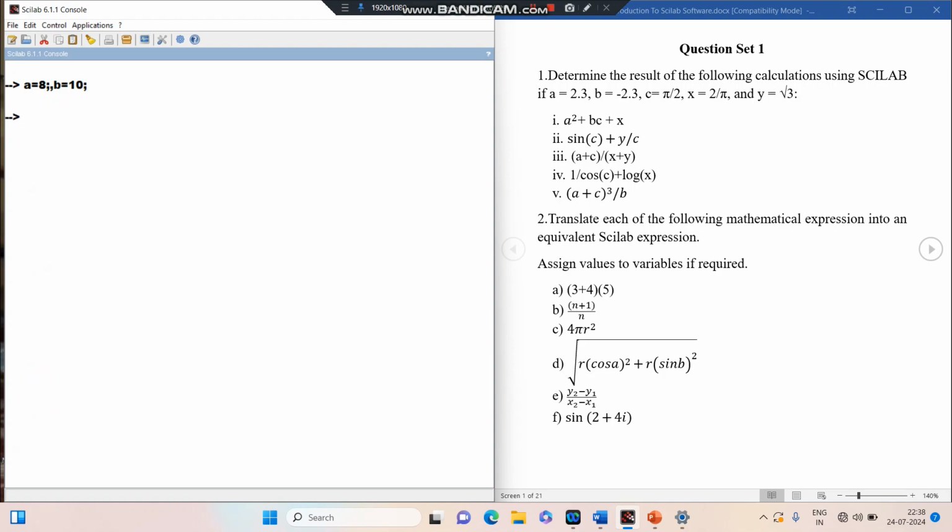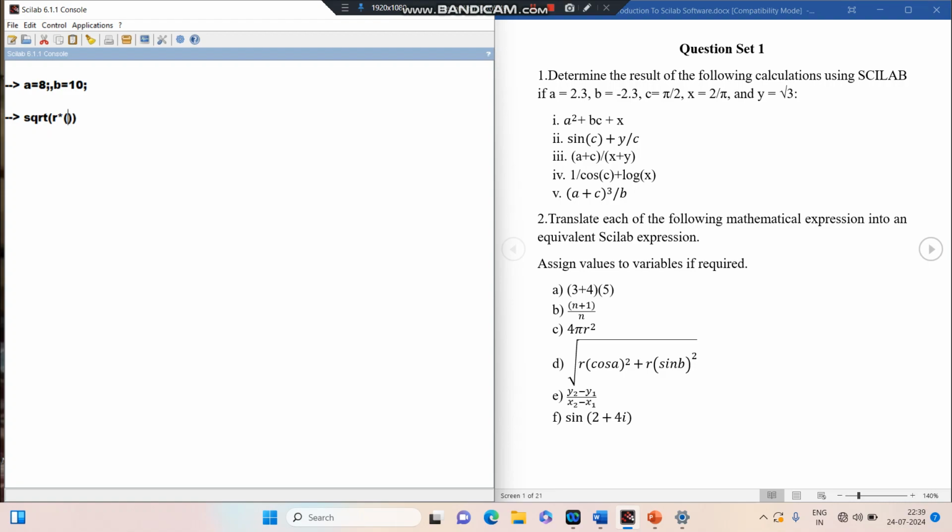After assigning these values, since we want the square root, we are going to use the command sqrt into bracket r star in the bracket cos of a.